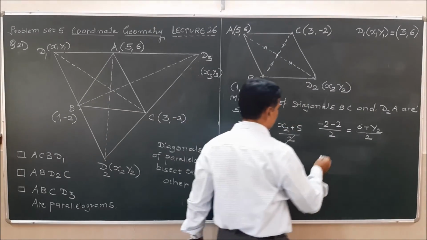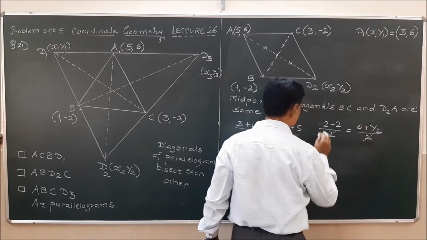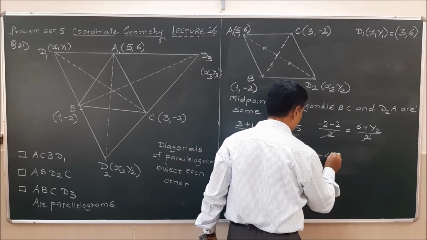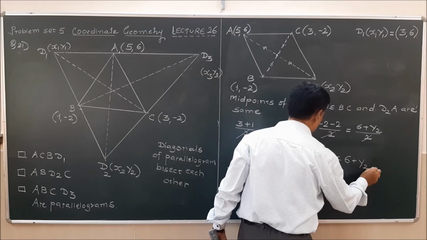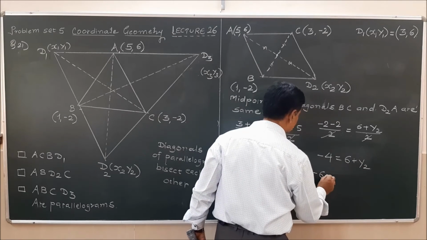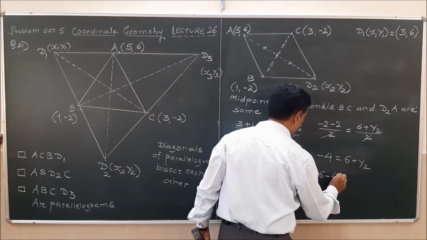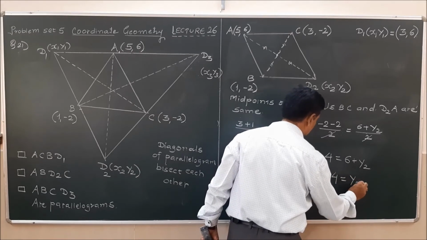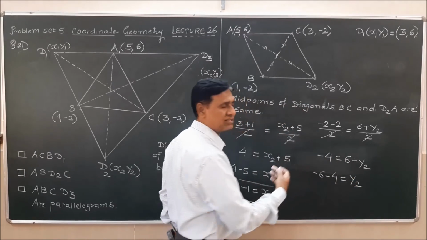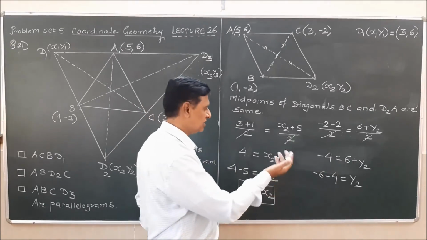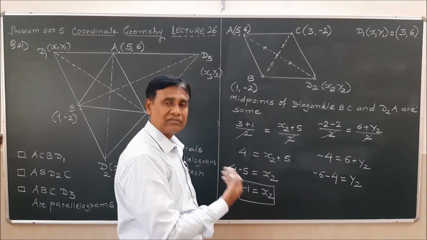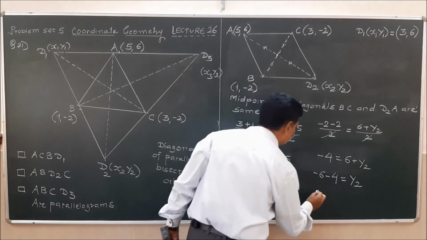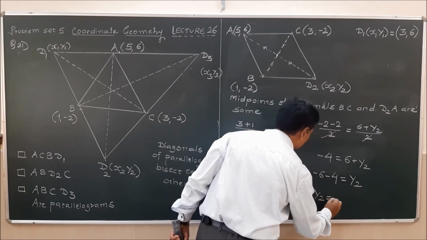Again, same thing. 2 and 2 will get cancelled. Minus 4 is equal to 6 plus y2. I transfer 6 to the left hand side. Its sign changes and it becomes minus 6 minus 4, that is equal to y2. So y2 is equal to minus 10.